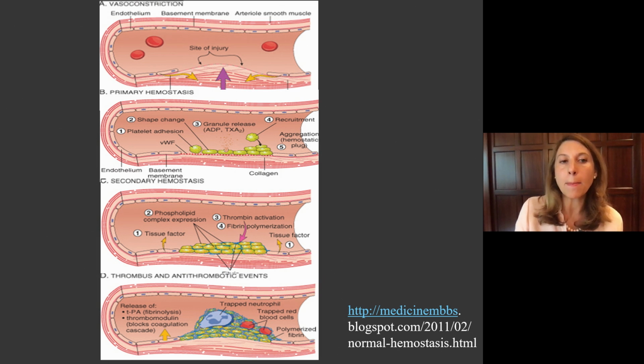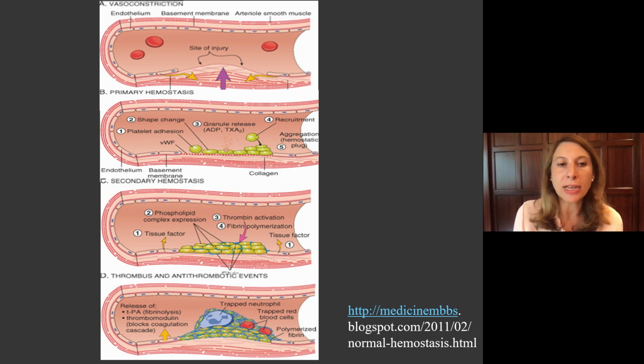When the platelet has adhered to the site of the vascular injury, it undergoes a shape change, and then it releases its granular content. Some of the things that are released include ADP and thromboxane, and those things can recruit other platelets to this area. And this is how a primary hemostatic plug is formed, through a process of platelet aggregation.